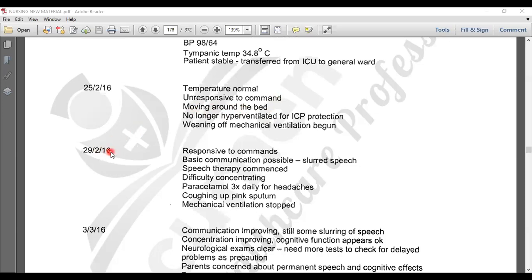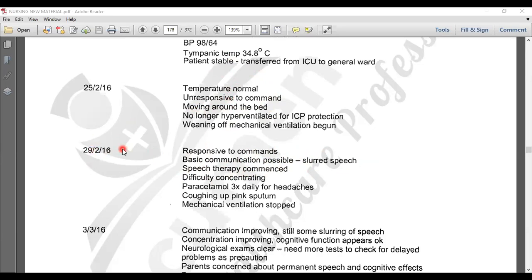Then in the next 4 days, responsive, she started communication, but also still has slurred speech. So speech therapy was commenced. This is the standard way of writing the case notes. Initially, they will present a few problems, then what treatment was given to them, then gradually those problems resolve.